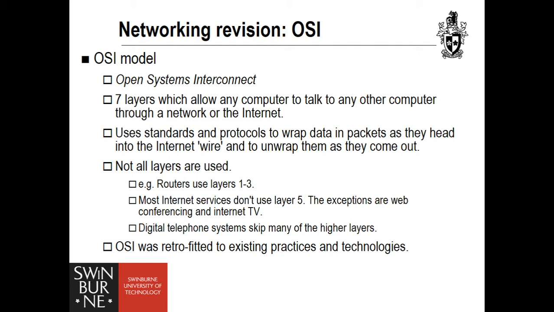Not every layer will be used. For example, the router will use layers 1 to 3. Most internet services don't use layer 5. The exceptions are web conferencing and internet TV. The digital telephone system skips many of the higher levels. The OSI was retrofitted to existing practice and technologies.